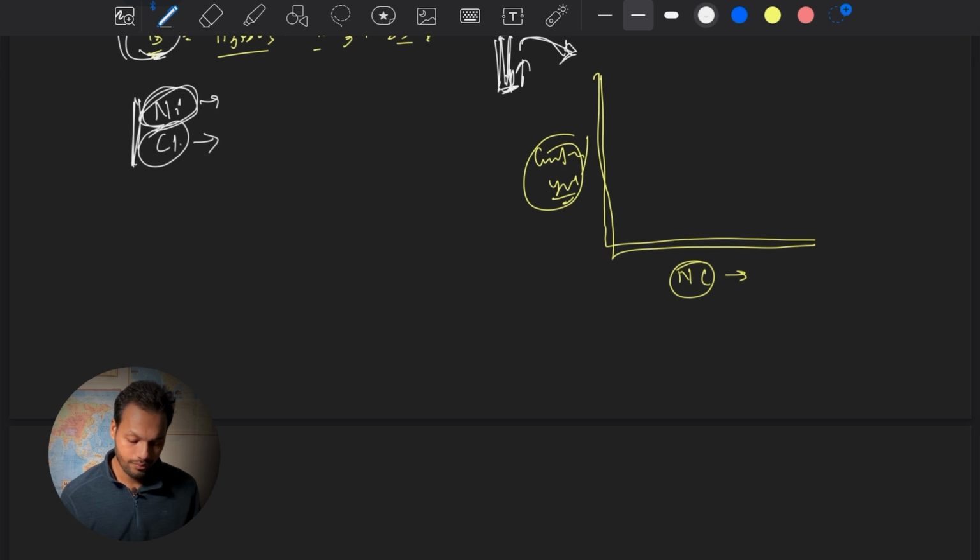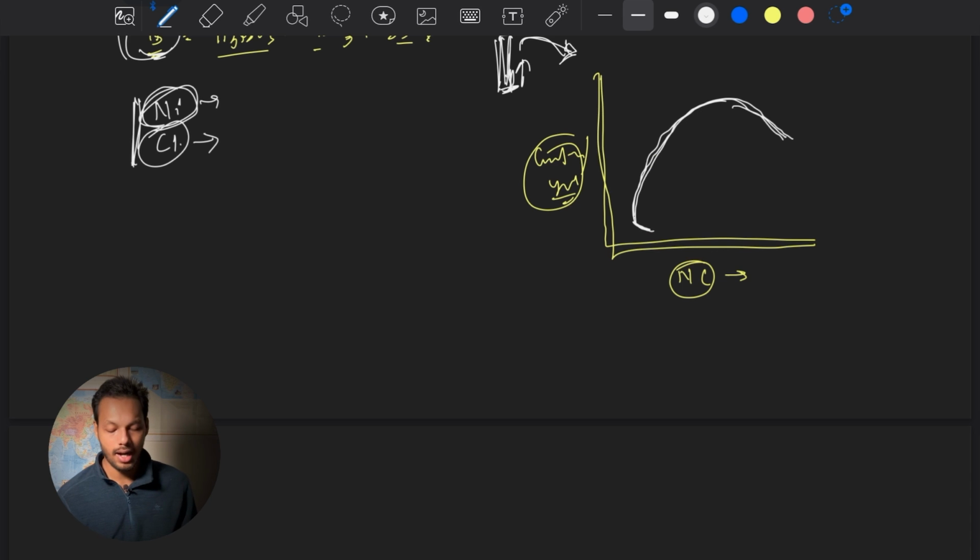Initially the nutrient is very low, and it increases with addition or supply of nutrient. So this is the graph you will get when you correlate the nutrient content and the growth or yield.